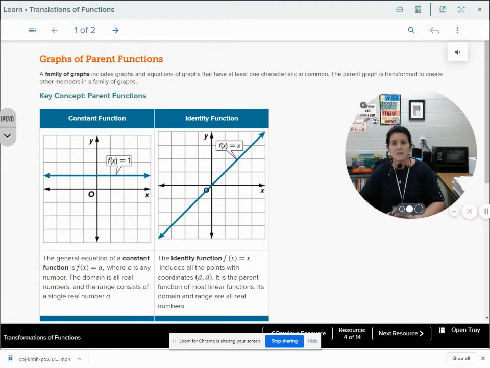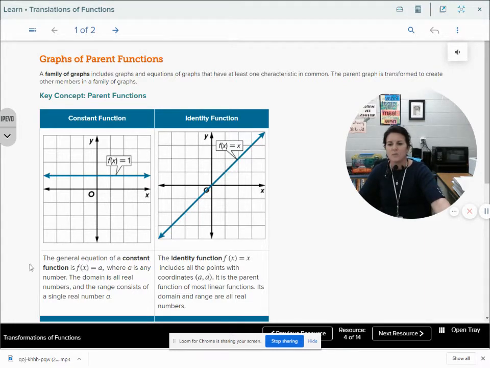Kind of makes sense. In real life, we start with the parents, then the parents have children, creating a family, right? So our parent function is what we begin with. Let's say that it's an absolute value function. We begin with that parent function, and then if I shift it up 2 and over 3, I have now a family of graphs. I've got the parent and then this little translated version of the parent function, creating 2 functions that are considered a family of graphs.